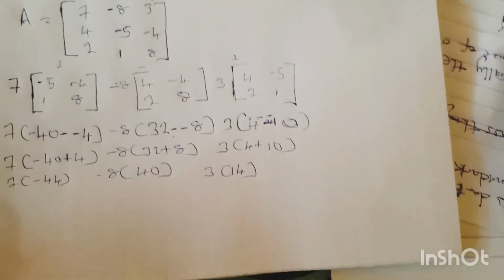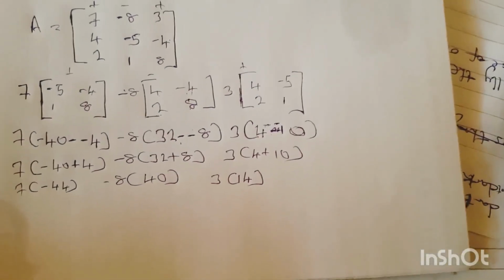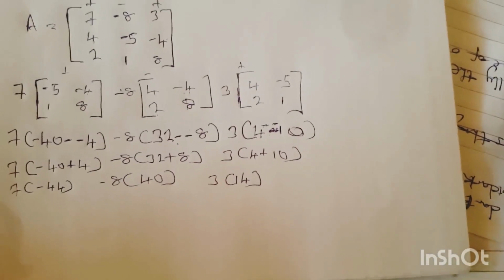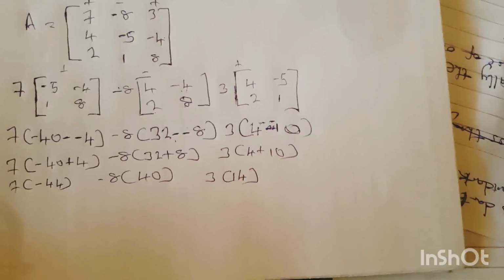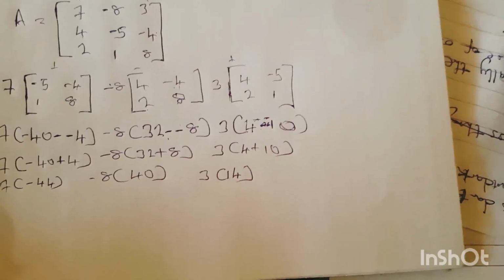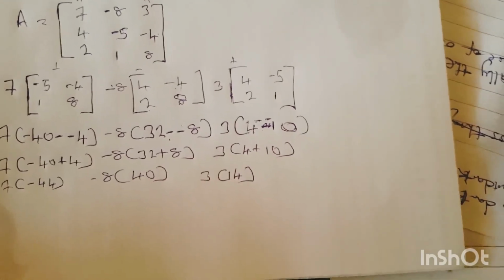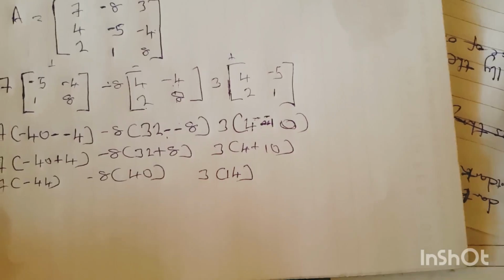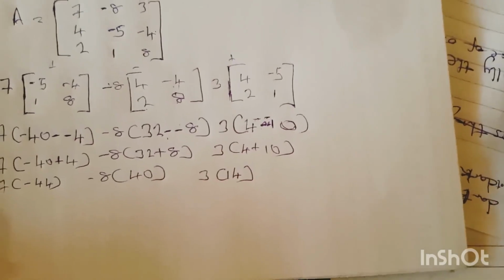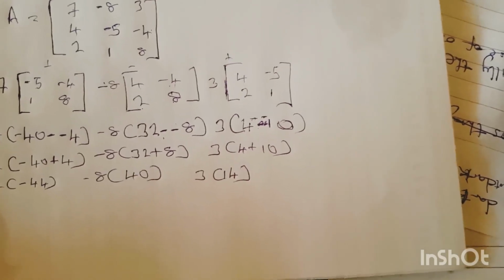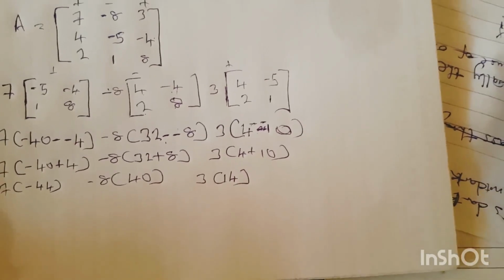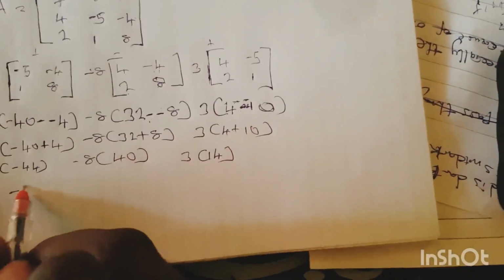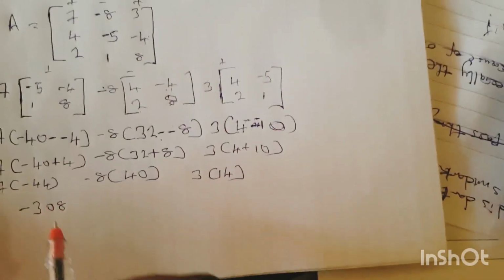So now we are going to do 7 times -44. That's what we are going to input on our calculator. It's going to give us minus 308.